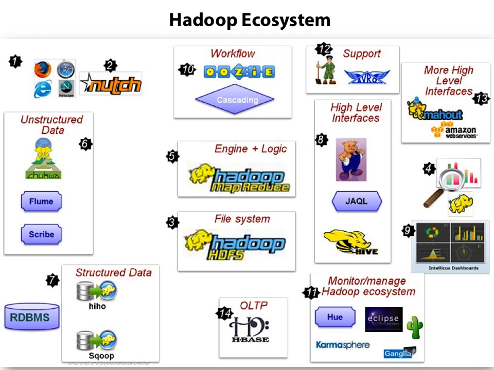Oozie, for example, is often written as pure XML. There are some very basic GUI tools, but nothing like SSIS that I've seen as of the recording of this video. So the tooling is a moving target, if you will, in the Hadoop ecosystem. Another thing I want to call out in this diagram is on the bottom left, you'll see Sqoop, which is a utility to do import and export between RDBMS, including SQL Server, and HDFS.